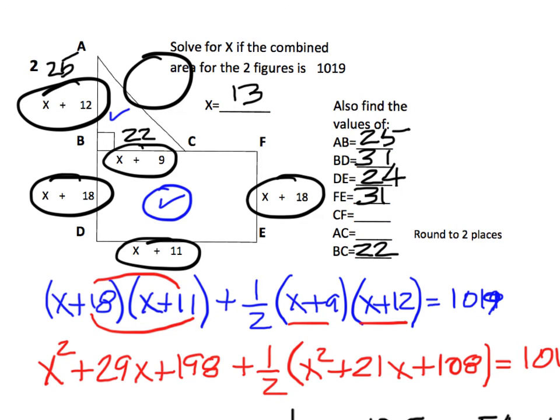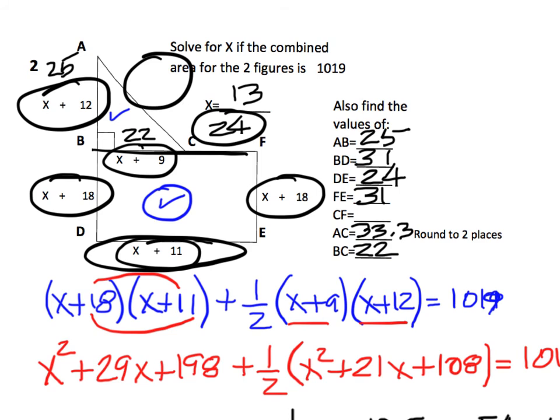So you're going to do 25 squared plus 22 squared, and then find the square root of that answer. And it comes out to be, for AC, 33.30, or just 33.3. And for CF, we have this length here, which was DE. That's 24. That means this one is 24 as well. So 24 minus 22 is 2.